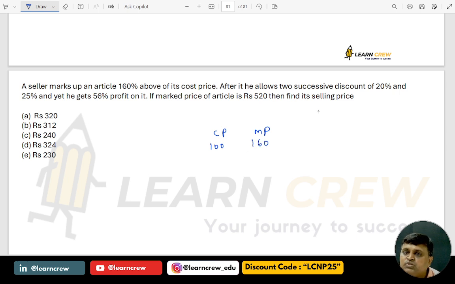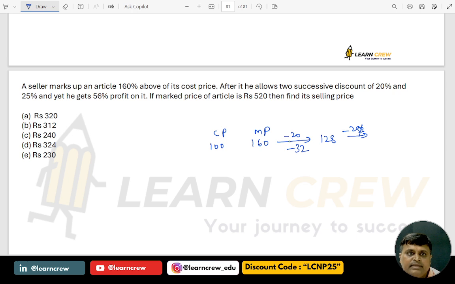After he allows 2 successive discounts of 20% and 25%. 20% of 160 is 32 rejection, so it will be 128. And this again 25% rejection.